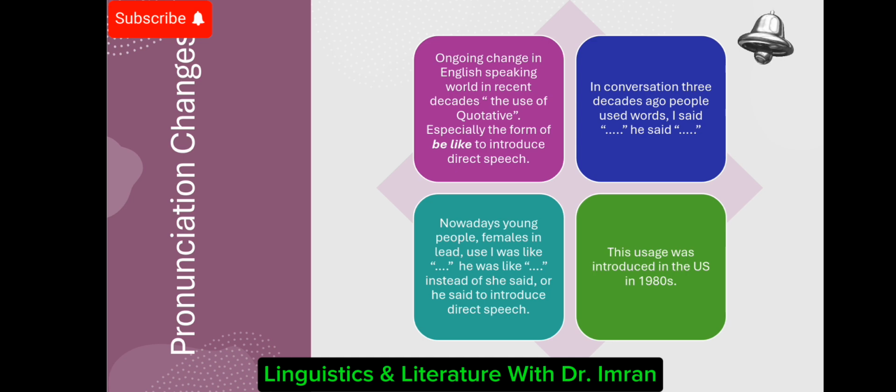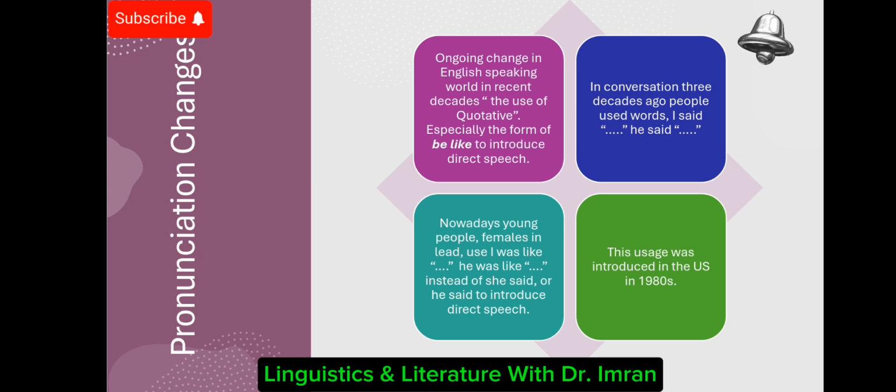He said and then a quote mark, and then you would put something inside. For example, if I say he said, he was busy, or she said, she was upset. So this is a direct speech.